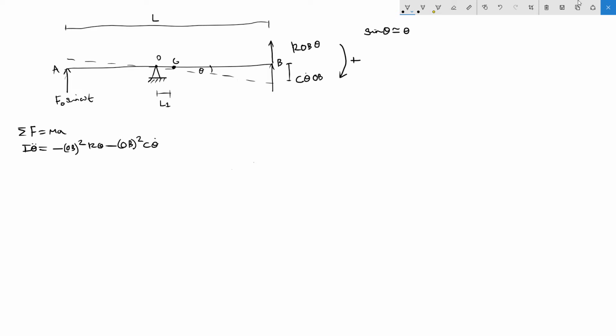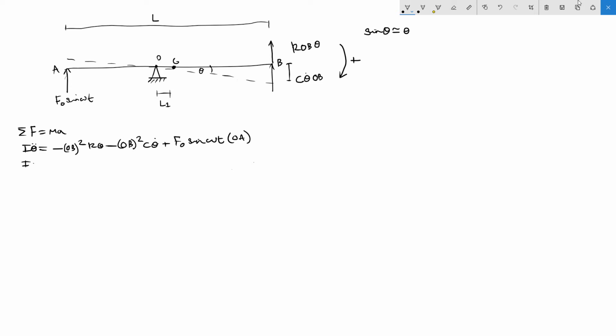Now looking at our sinusoidal force over here, we can see this is going to rotate the rocker arm in the positive direction, which is clockwise, and this force acts at a distance OA from the centre of rotation. So this is going to be positive: plus F naught sine omega t times OA.